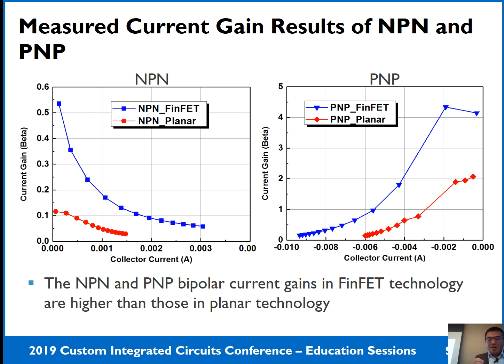The main reason for this is related to the different STI depths. As I mentioned, in order to keep a reasonable aspect ratio for the STI process module, the STI depth reduces from the planar to the FinFET structure.